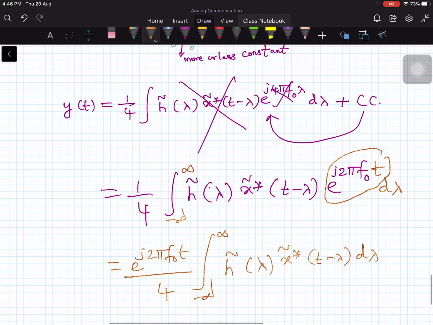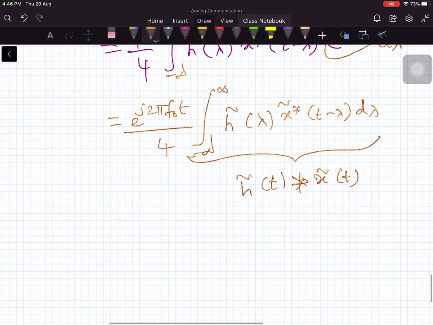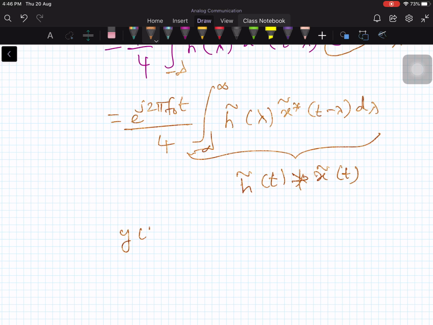Now there you go. Now what is this? This is the convolution of h tilde of t convolved with x tilde of t. Therefore the final result is going to be y of t is h tilde of t convolved with the x tilde complex conjugate of t multiplied by e to the j 2 pi f naught t divided by 4.